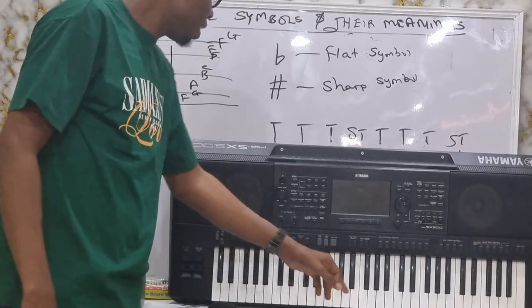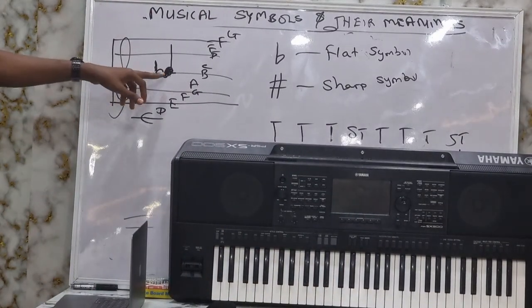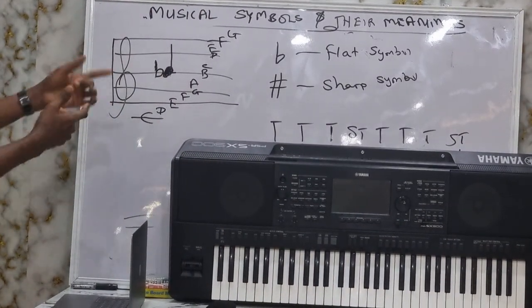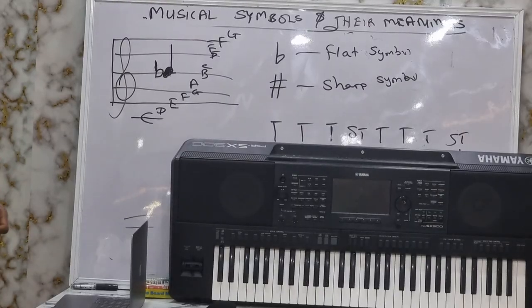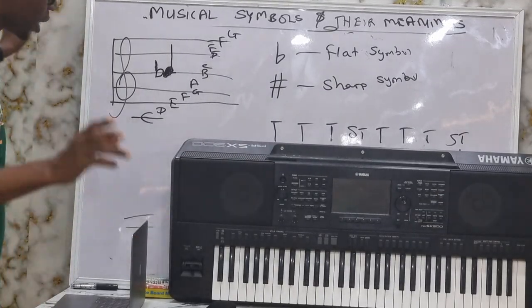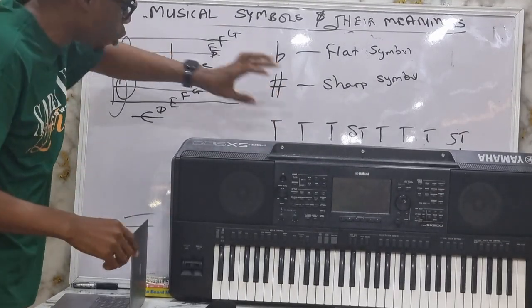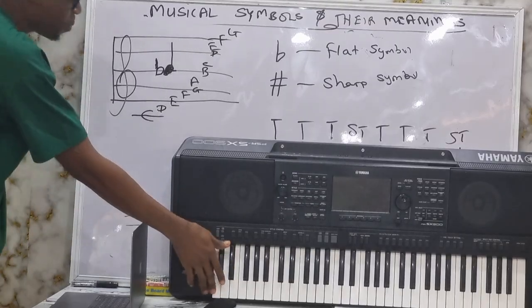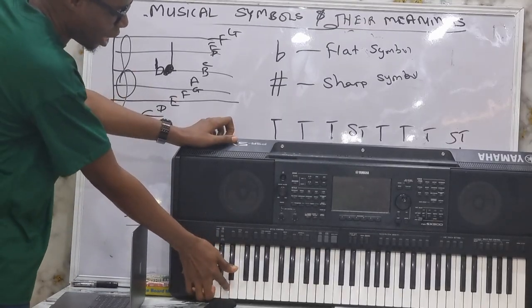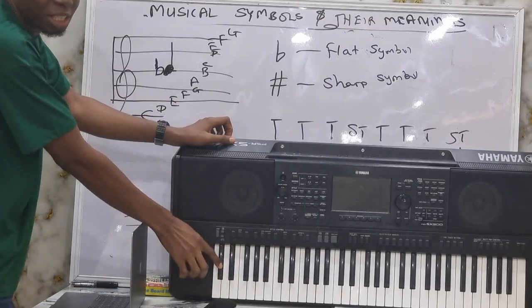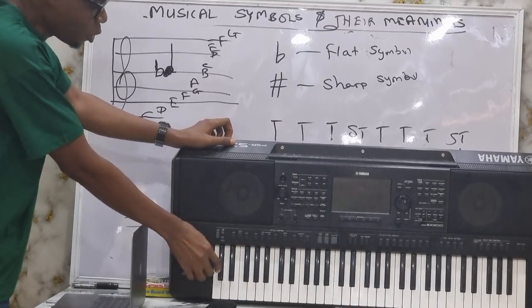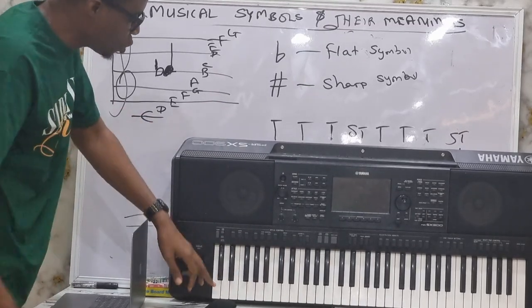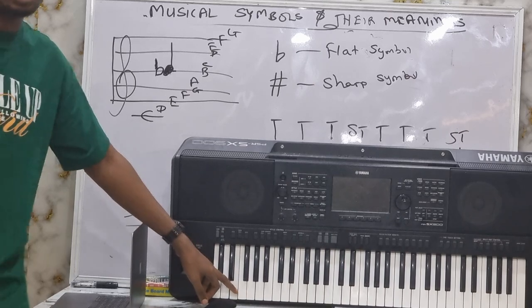You understand? Yes. Now, when you see the flat, it's telling you that you should go back by a semitone. What do we call a semitone? That's what I'm going to explain now. So I said tone. Normally, if you have your C here, between your C and your D, there is a note. So, this distance between your C and your D is a tone.